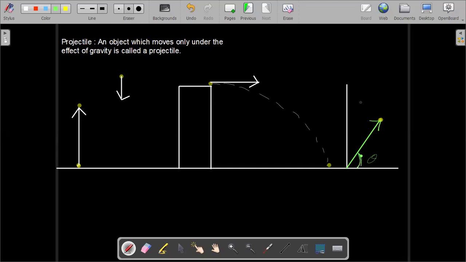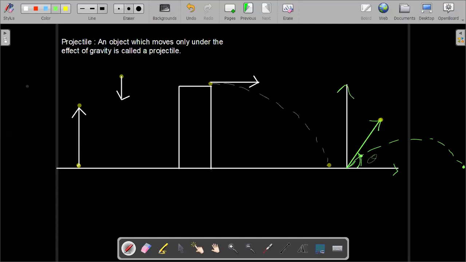So this is an example of an oblique projectile. The object will follow a curved trajectory something like this. It will go up and then fall down. Its initial velocity makes an angle theta with the horizontal axis.